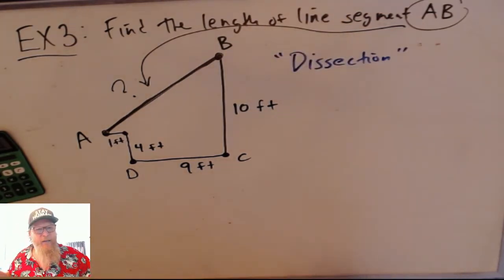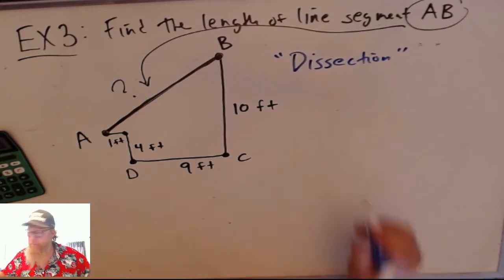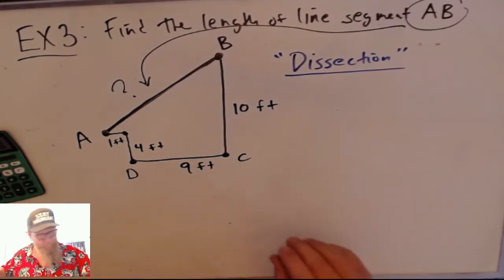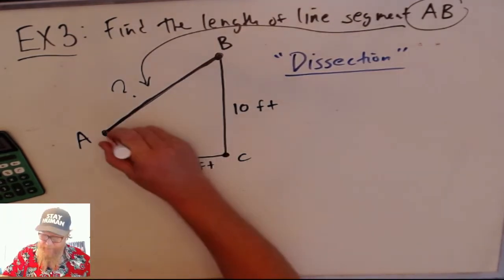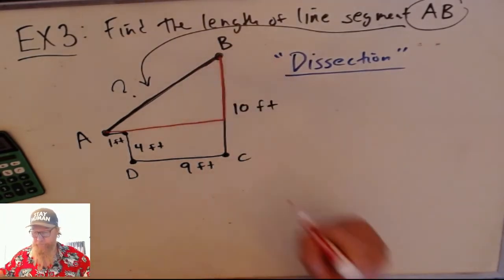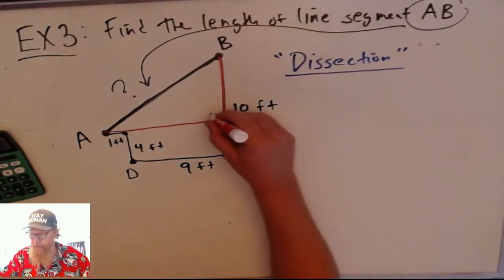In science, they call it dissection. In math, we call it dissection. It just shows a slight difference in our emphasis. Okay, let's draw a triangle. So we have a triangle here. This is what we're looking for. Yeah. This is our right triangle.